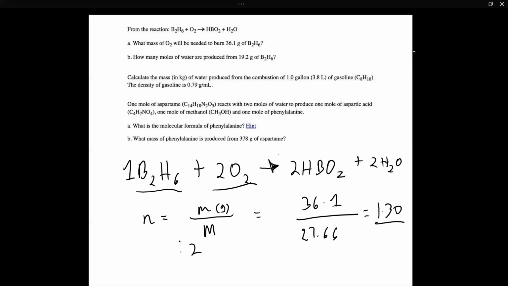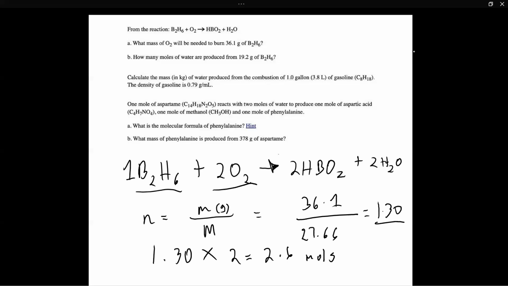That basically means the number of moles of oxygen is the number of moles of B2H6 multiplied by 2. So the number of moles of oxygen in this case is 1.30 times 2, which is 2.6. If I'm not wrong. Yeah, okay, that's right. So these are the number of moles of oxygen required to entirely burn B2H6.